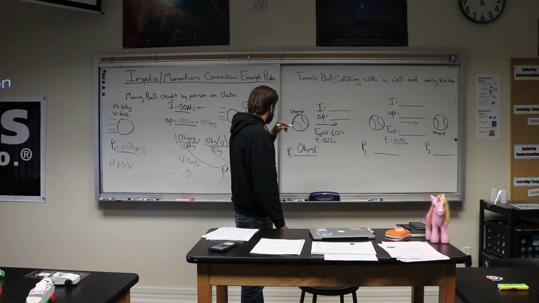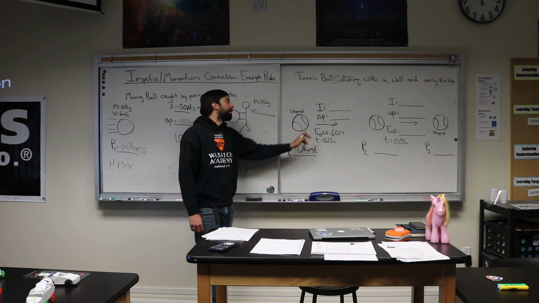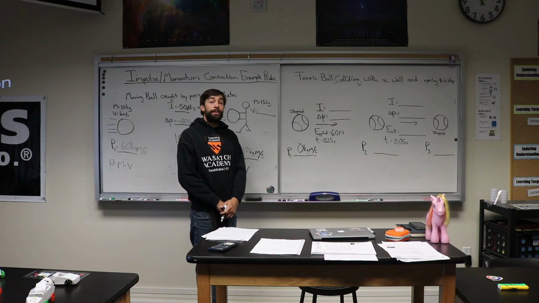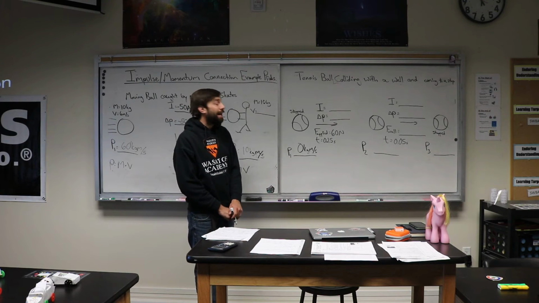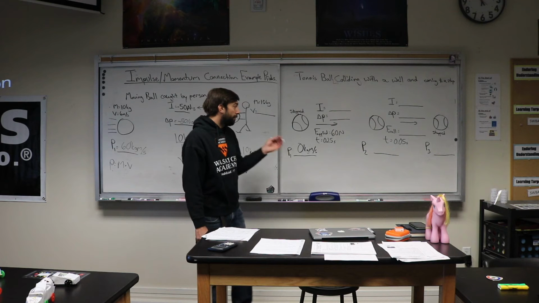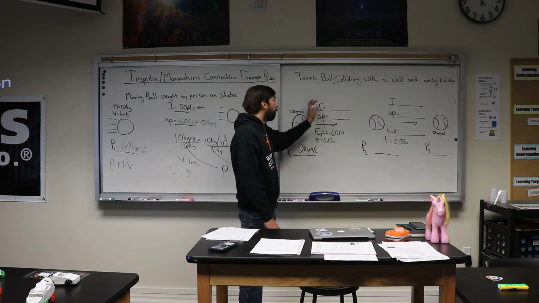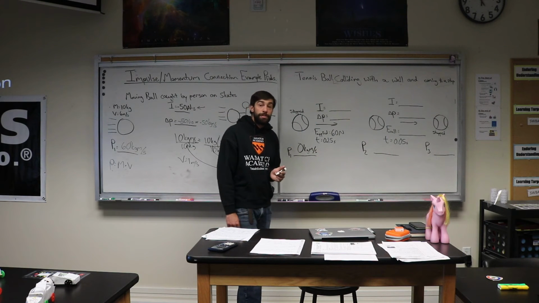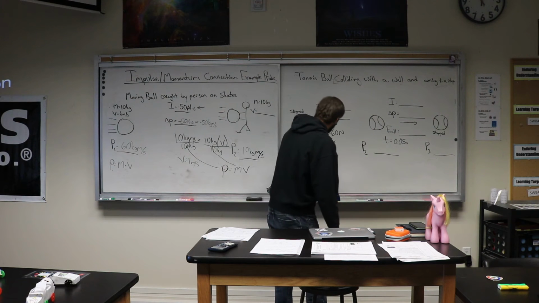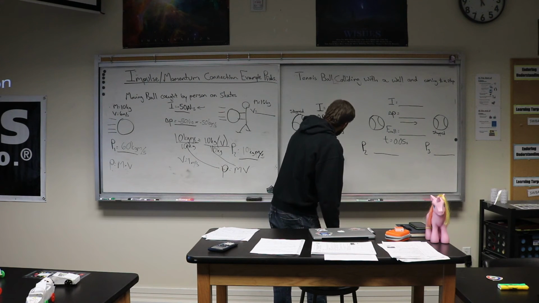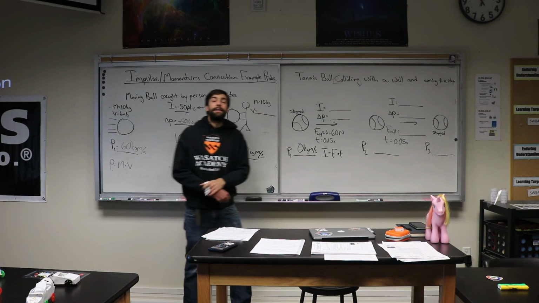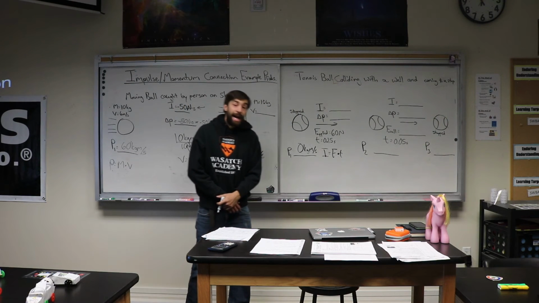All right. Now, we're told that we have an applied force of 60 newtons for 0.15 seconds. So we need to figure out what our impulse is and what our momentum change is. Well, the formula for impulse is force multiplied by time.